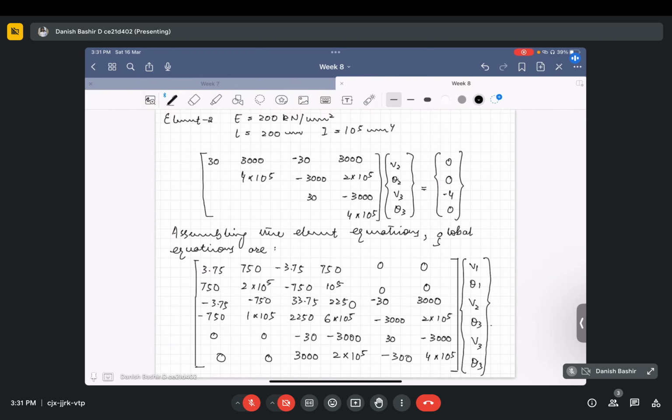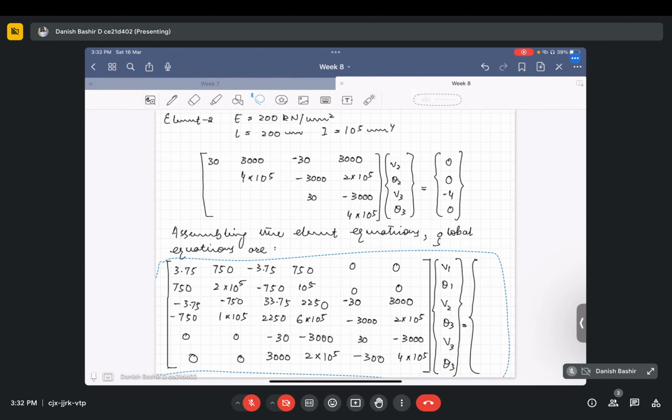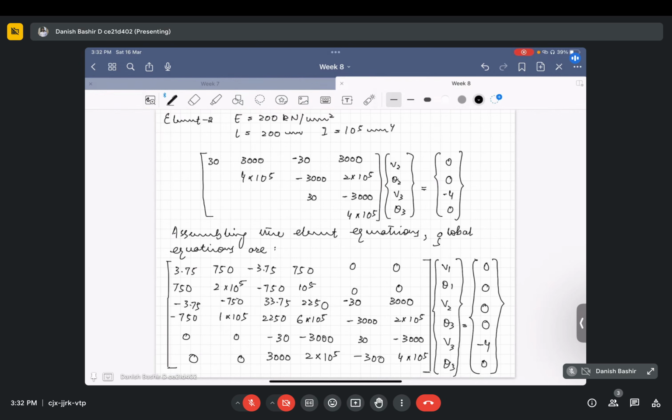And the global force system has only a minus 4 at one place, so we need to shift it a little bit like this. The force is 0, 0, 0, 0, then there is minus 4 only once, then 0 again.